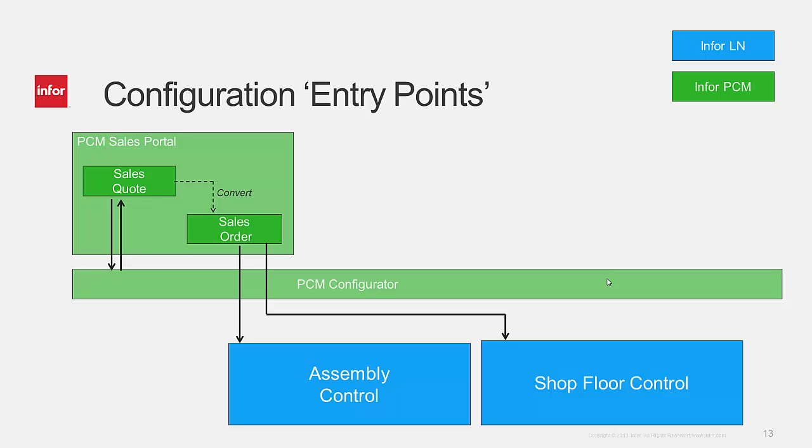There is the option to quote an order starting from the PCM sales portal and push the results towards LN to be executed either via shop floor control or via assembly control.